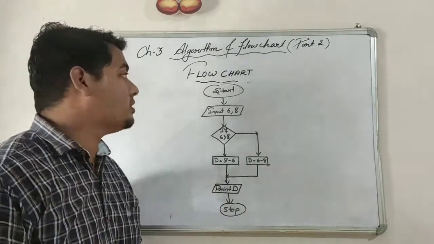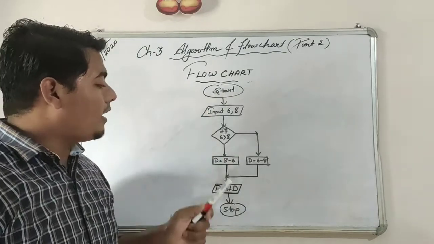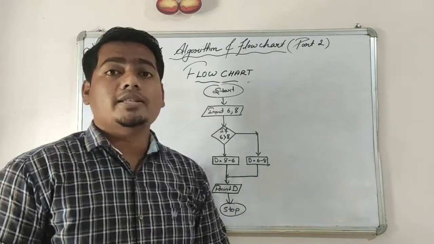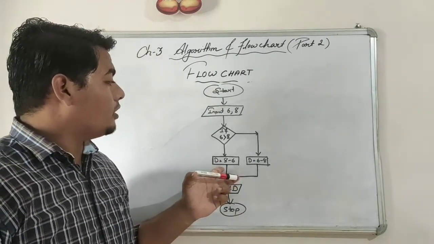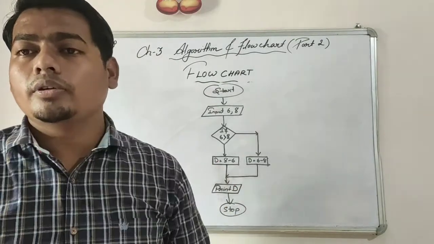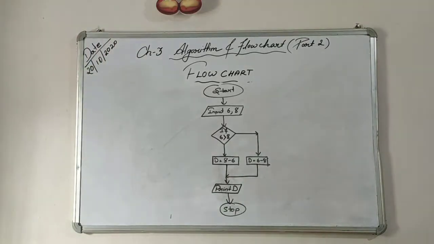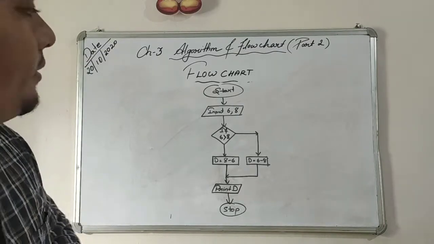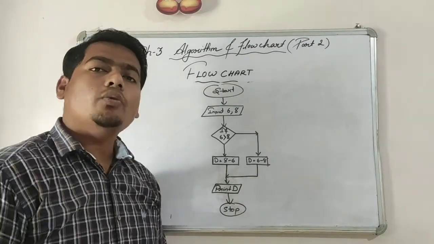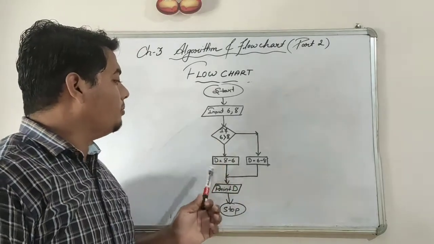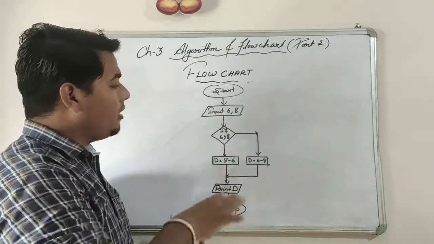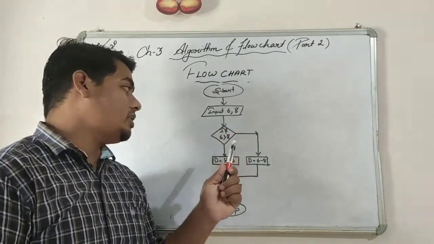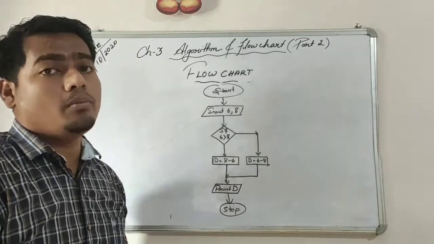First of all, the first point given is that there should always be a start and a stop. Second, all the symbols or all the designs or shapes should be accurate, so that it can be understood which one is an input, which one is a decision and which one is a processing box.